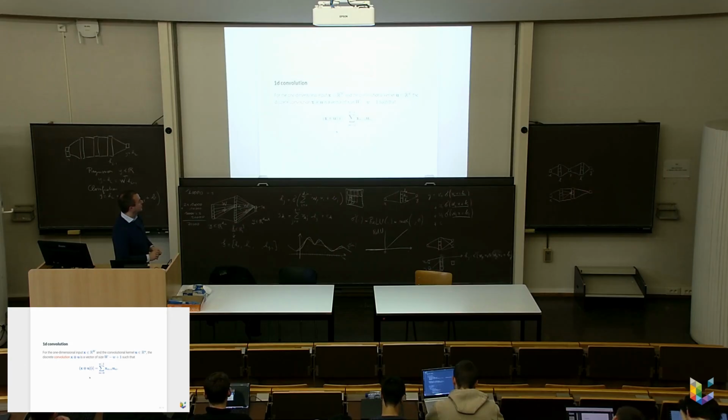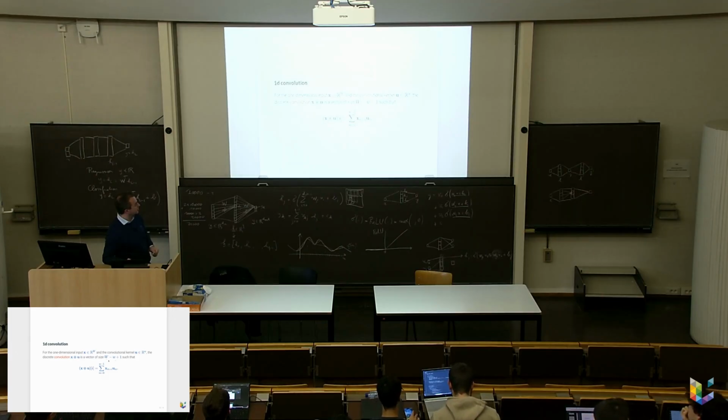And I will define the discrete convolution, which I will denote as x star u, as a vector of size W minus w plus 1, the size of the input minus the size of the kernel, plus 1. Each element of this vector will be computed by summing the products of the input values and the kernel values within some window of the input, where the window is defined by the kernel.